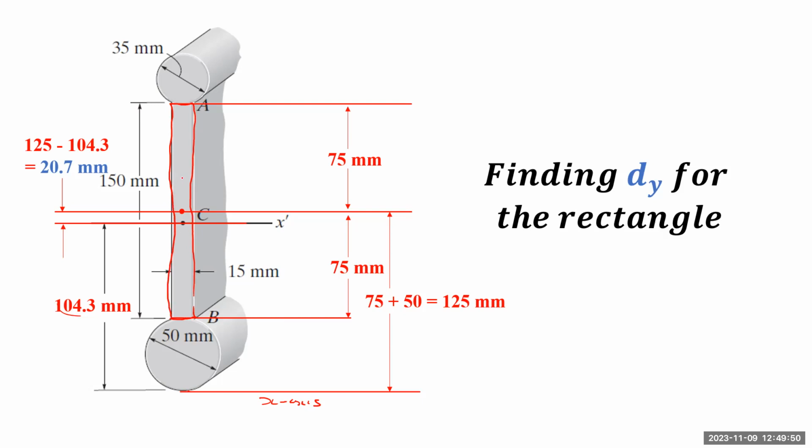So the first thing for the rectangle, the height of it is 150. That means the center of it is 75. Wherever 75 drops, that's the center of it. All right, that's the most important. Now, they told you already that your C is right here, which is 104.3.